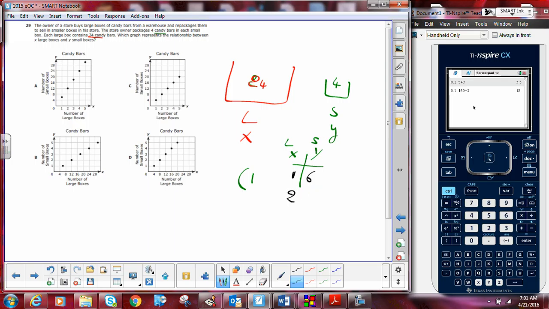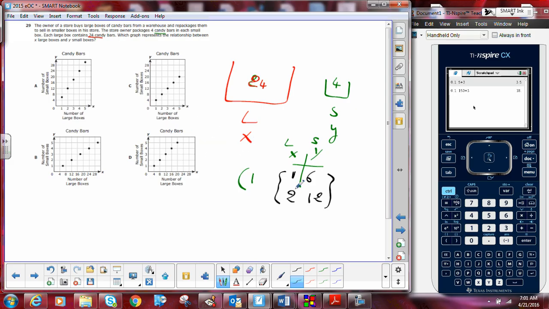If you bought 2 large boxes, how many small boxes are you going to make? 12. You're going to double it, because 2 large boxes, you're going to have 48. 48 divided by 4, that's 12. So this is the relation between large boxes and small boxes.